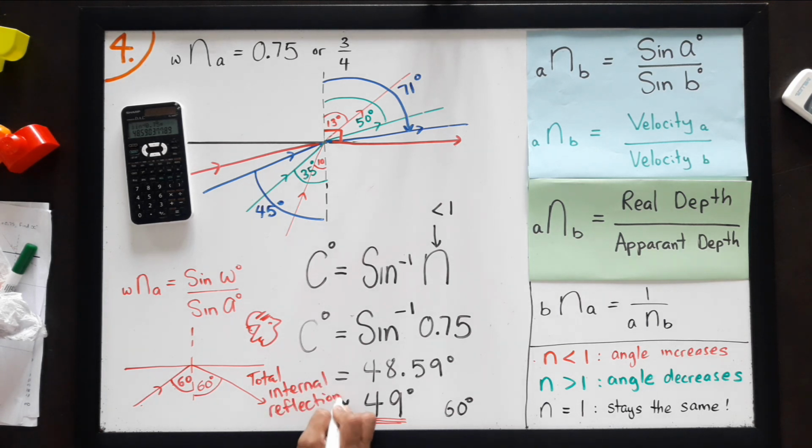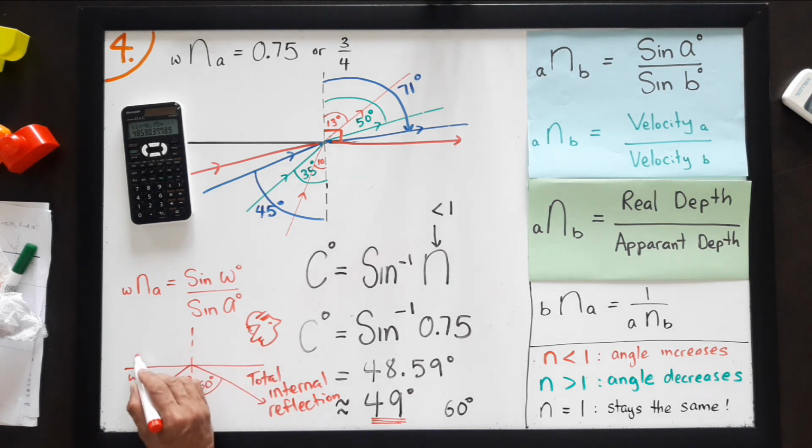And make a note, it can only happen when the refractive index is less than 1. So, in other words, the gentleman here would have not seen the light because the light did not make it out from water to air. Instead, it remained in the water.